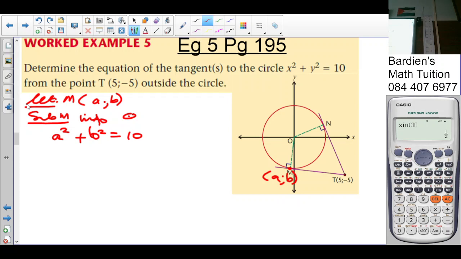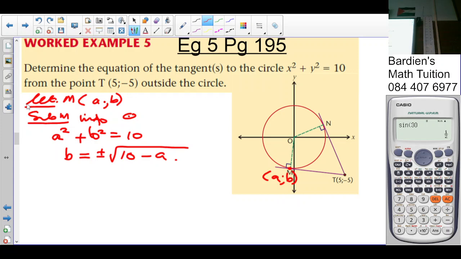Okay? So we're going to make b the subject of the formula there. I've worked it out already. So you take a squared over, you take the square root thereof. So b is equal to plus minus the square root of 10 minus a squared. Okay. So as you can see here, what do you know about b?